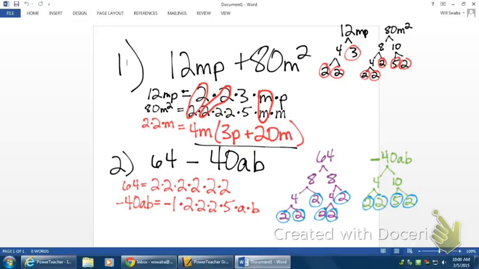Now, next up, let's find that greatest common factor. So let's see which ones I have in common. I have a 2 there and a 2 there, a 2 there and a 2 there, and a 2 there and a 2 there. Those are the only common factors that I have. So I have 3 2s. 2 times 2 gives me 4, and then 4 times 2 is going to give me 8.